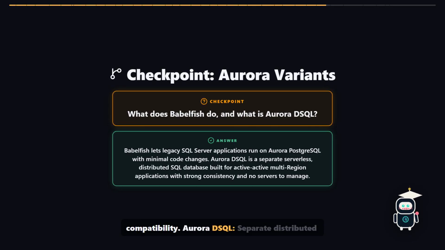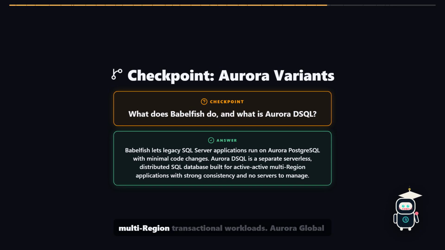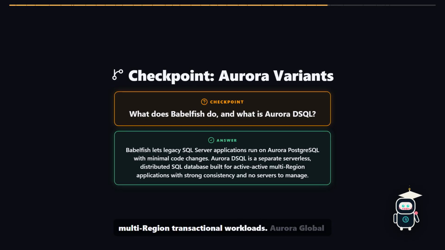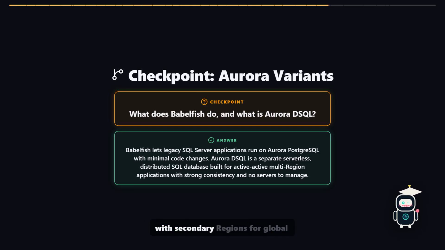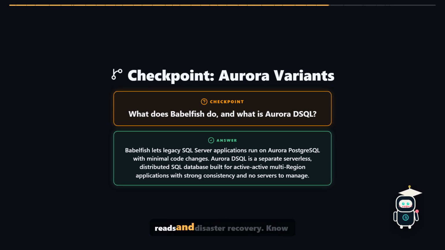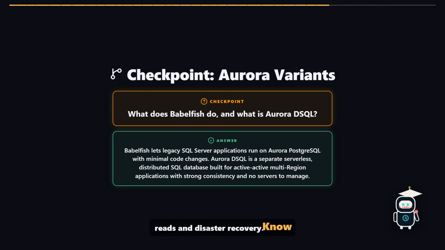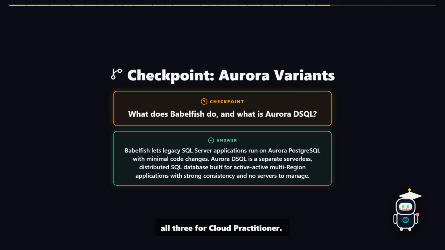Aurora DSQL, separate distributed relational architecture for supported active-active multi-region transactional workloads. Aurora Global Database, one primary writer region with secondary regions for global reads and disaster recovery. Know the distinction. You don't need to become an expert in all three for Cloud Practitioner.